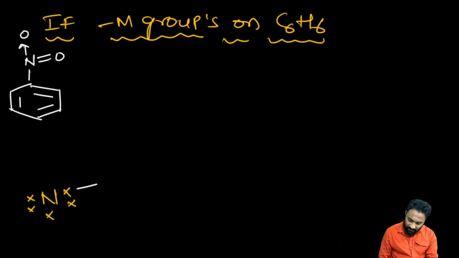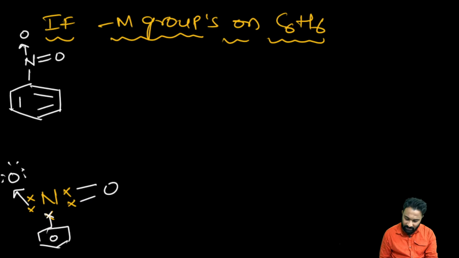Now it has formed a bond with the oxygen, and this complete lone pair of electrons is given to the oxygen in the form of a coordinate covalent bond, and this odd electron has formed the bond with the benzene. In this manner, on the nitrogen there is no lone pair of electrons. Done. Due to this, the NO2 behaves as a minus M group.